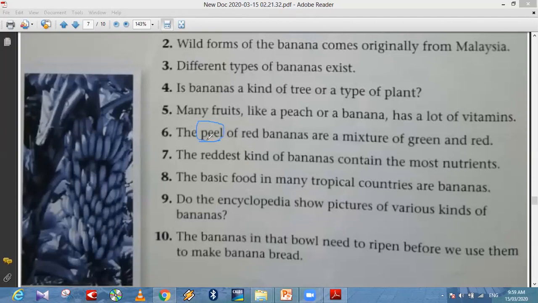I told you before that the article is not part of the simple subject, and here of is a preposition, and bananas is the object of the preposition. So, is it correct now, Adham? No, we should say is. That's right. Thank you, Adham.